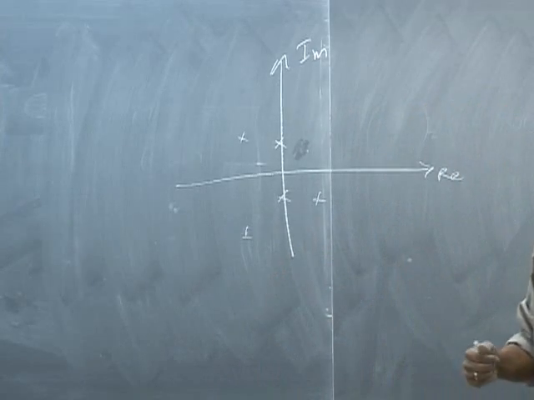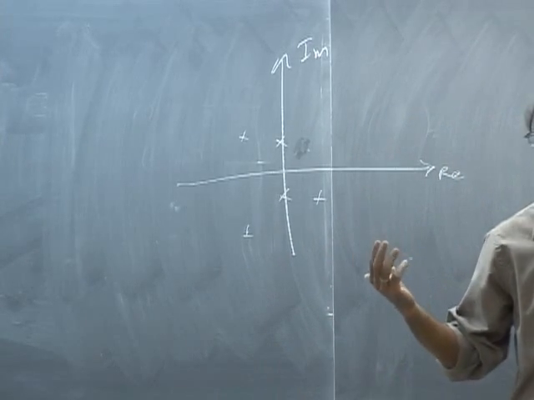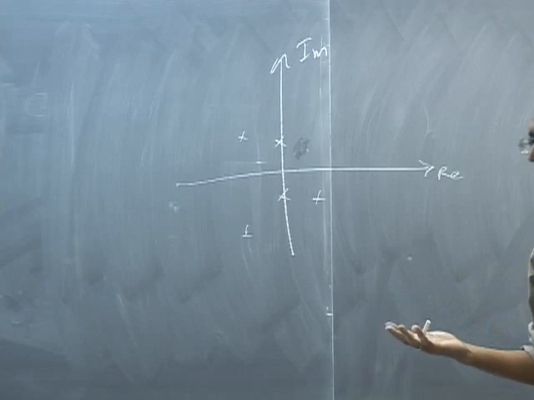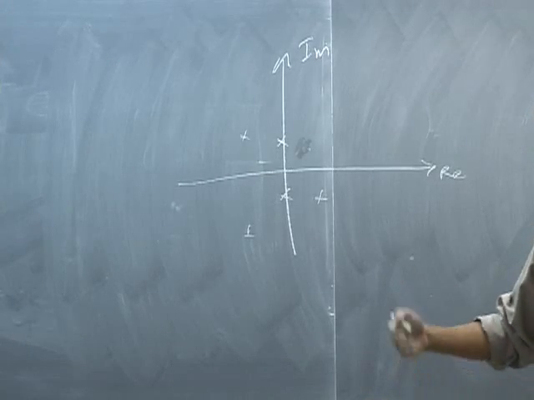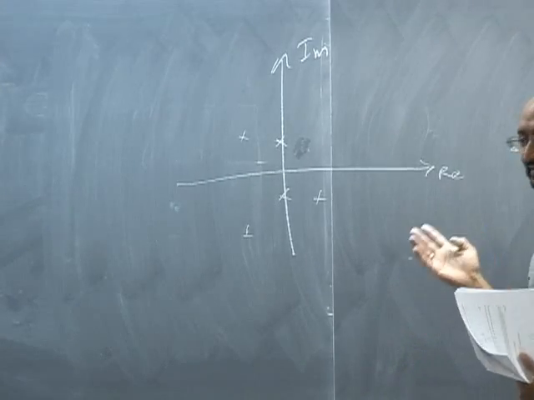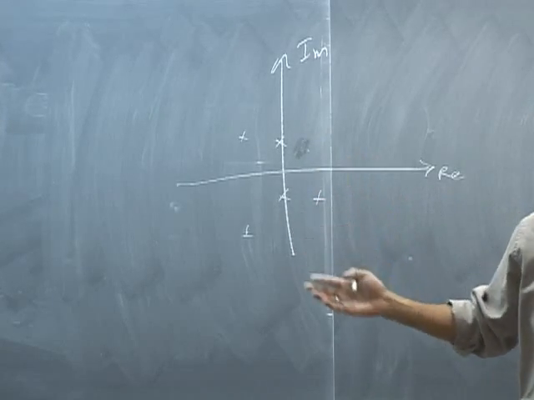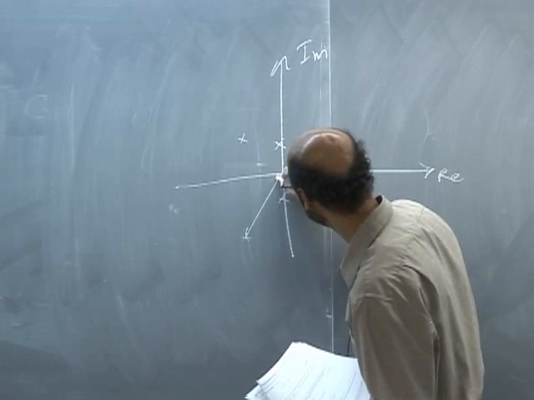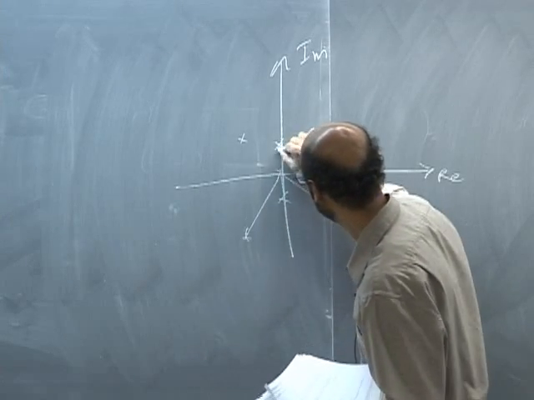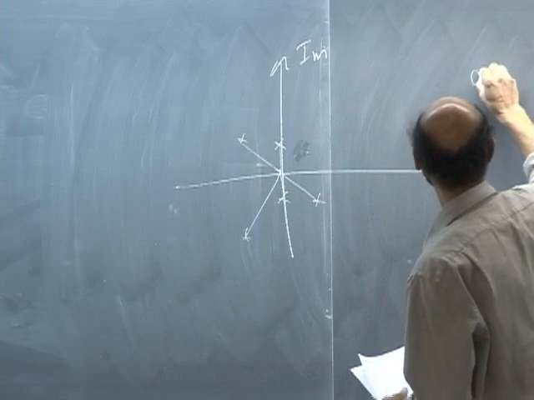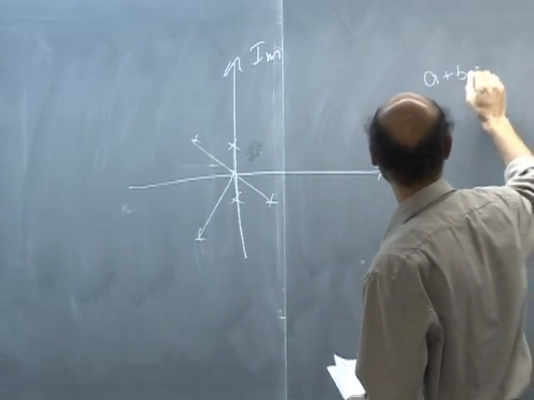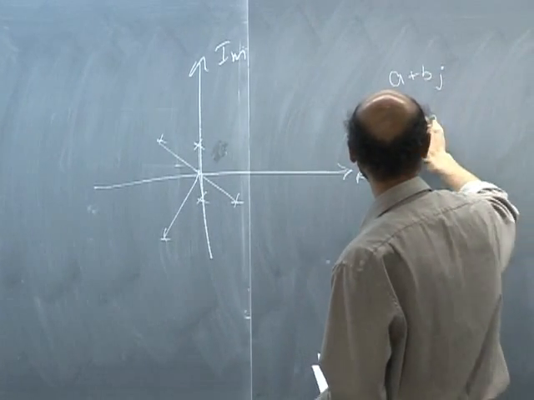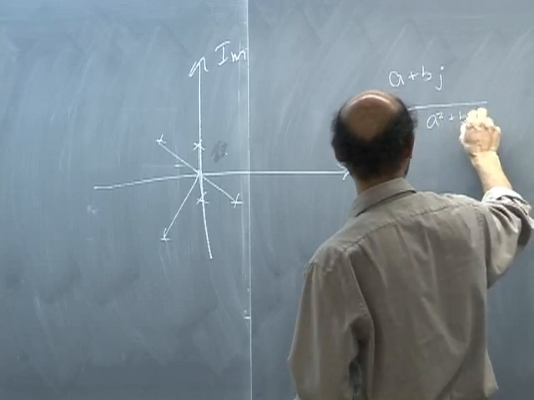So it looks like a bunch of stars in the sky. For mathematicians who spent all their time indoors and haven't really gone outside, they think it's stars in the sky. So it's a spectrum of stars. And the magnitude is going to be the radial distance, because the magnitude of a complex number a plus bj, where we'll use j instead of i in this course, is the square root of a squared plus b squared. And that's just the radius.